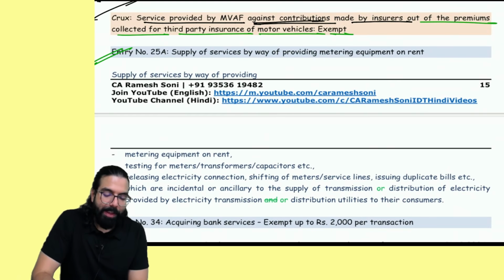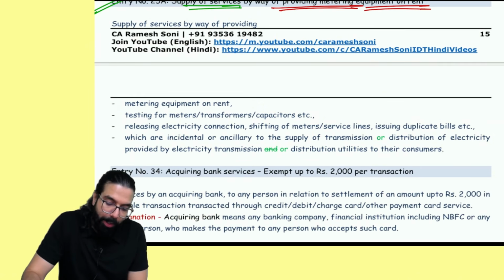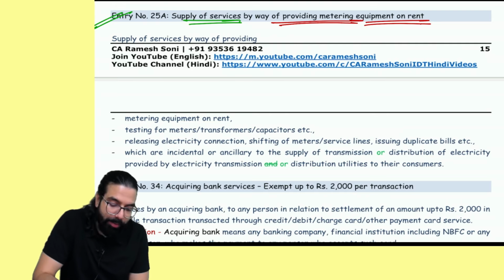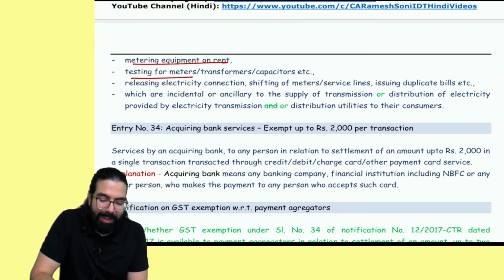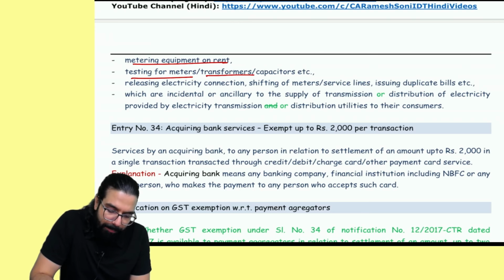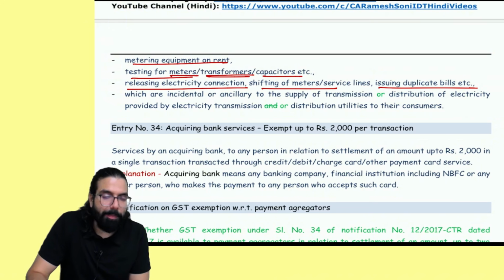Next, supply of services by way of providing meter equipment on rent. On this, the government had already told that services by way of providing meter equipment on rent, testing of meter, transformer, capacitor, releasing electricity connection, shifting of meter, issuing duplicate bill, on these there was no GST.